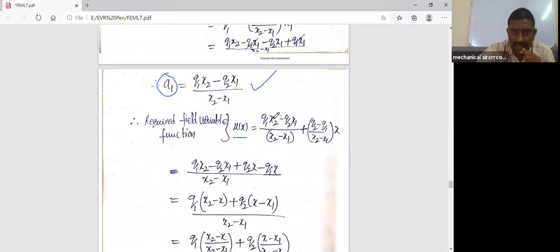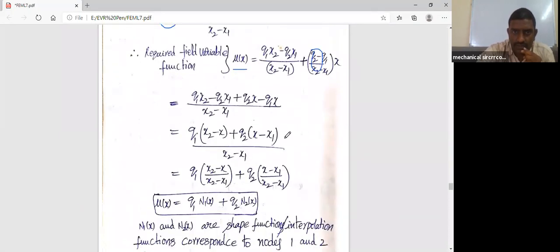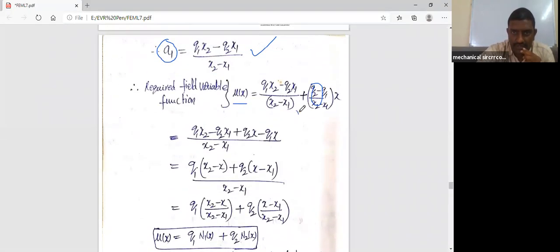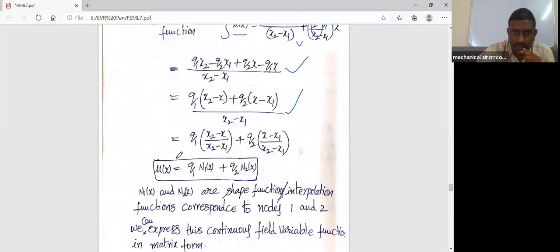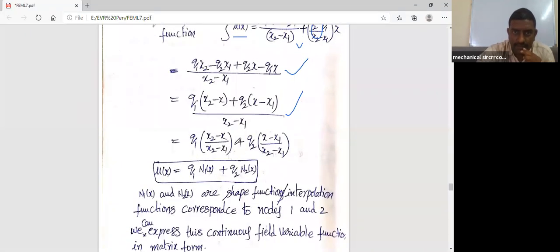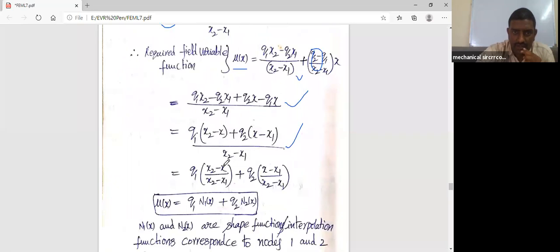So q1 x2 minus q2 x1 by x2 minus x1 is a1, and this is a2. Simplify this equation. After simplifying, we get q1 multiplied with some function, plus q2 multiplied with some function. These two functions are called shape functions.